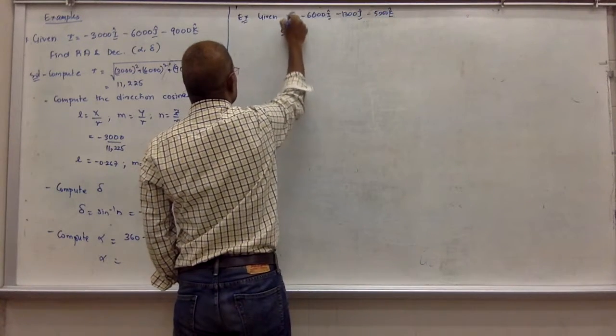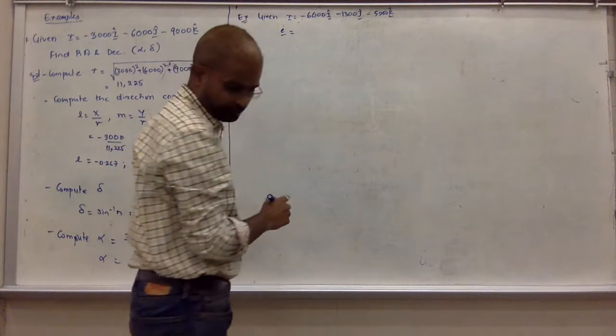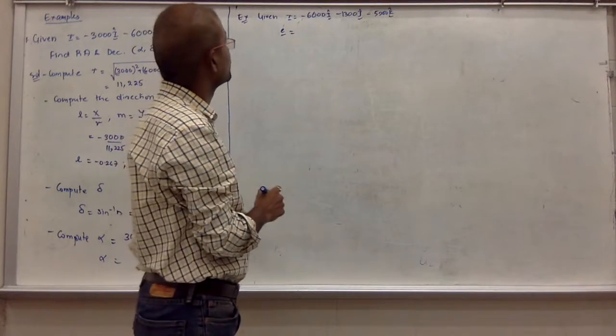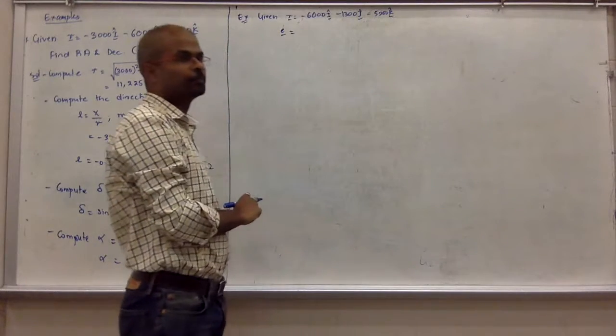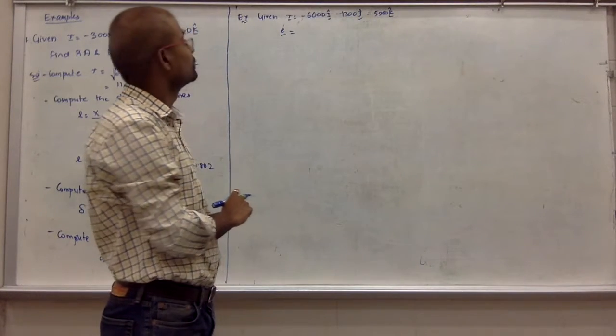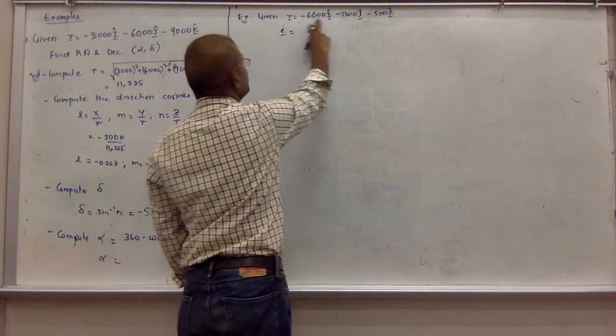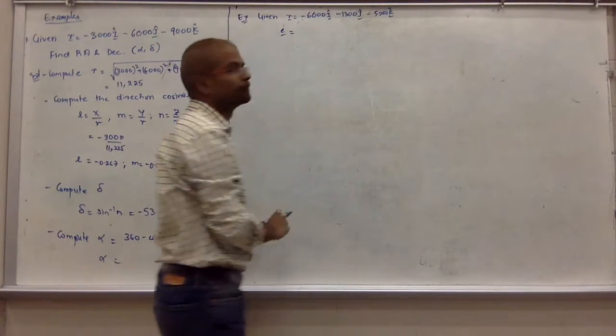Is that 5,000? 6,600. This is 5,200. This is 6,600. This is 5,200.